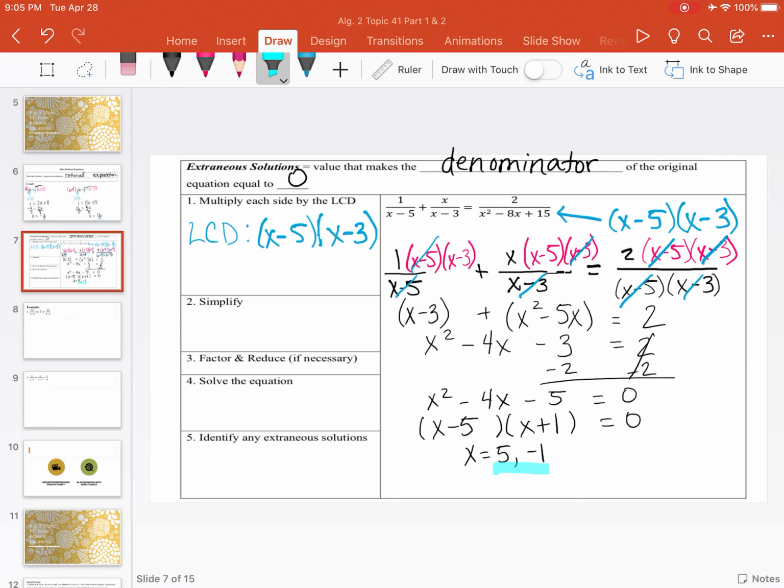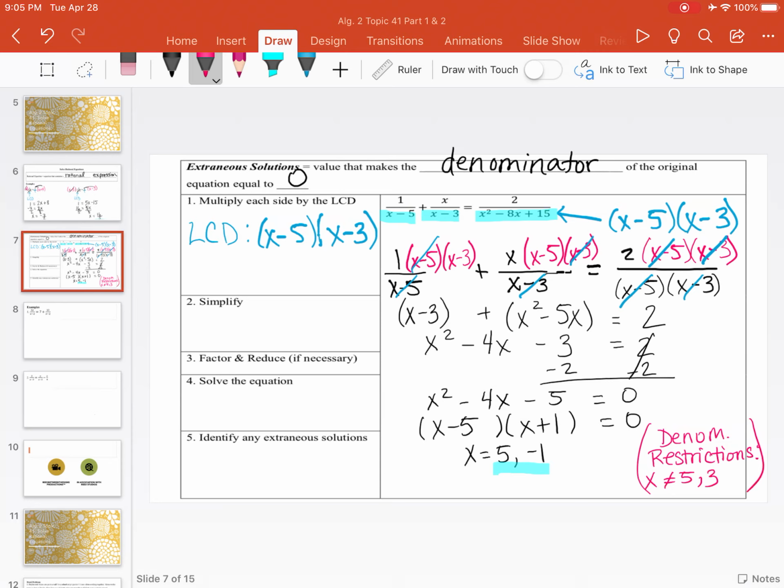Well, if I look back at my original denominators, I have x minus 5, x minus 3. So if I think about those denominator restrictions, I know that x can't equal 5 and x also can't equal 3.